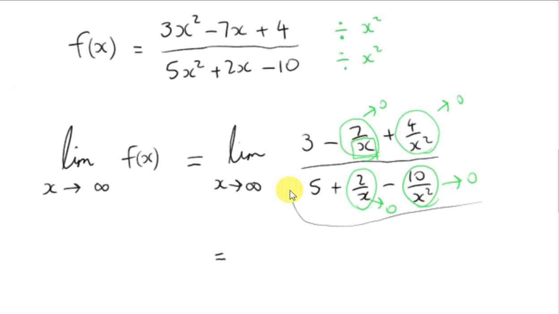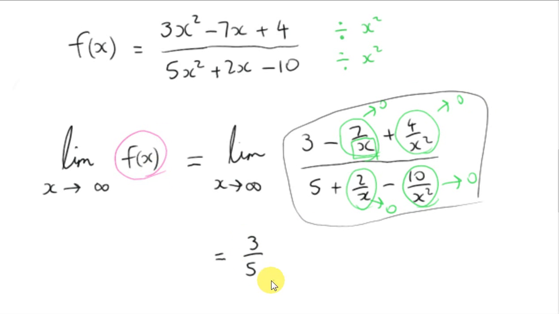So you will find that the entire function is approaching 3 over 5. So we can make f of x as close as we like to 3/5 by making x sufficiently large, either a sufficiently large positive number or a sufficiently large negative number. So we could be taking the limit as x tends towards plus or minus infinity here.